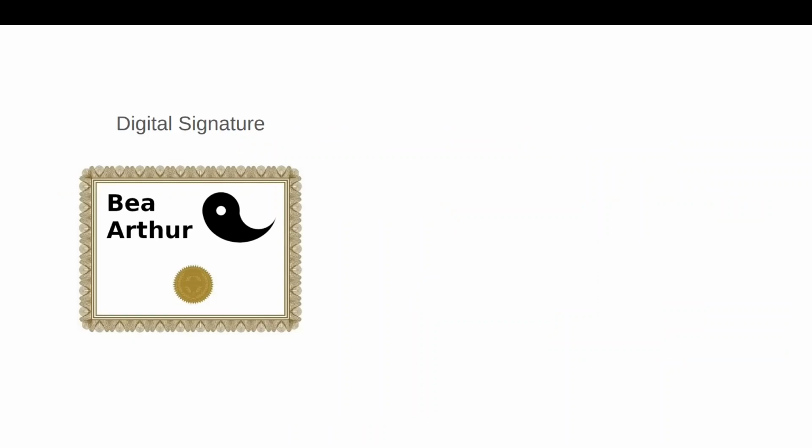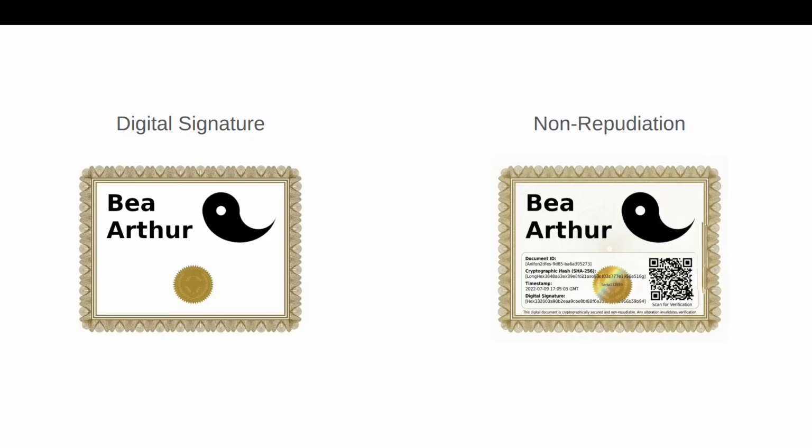For example, in addition to the digital signature usage, there's a non-repudiation usage, also called content commitment. From a technical standpoint, non-repudiation is the same as digital signature, but it's higher trust. If a digital signature is signed with non-repudiation, then the signer isn't supposed to be able to deny signing it.